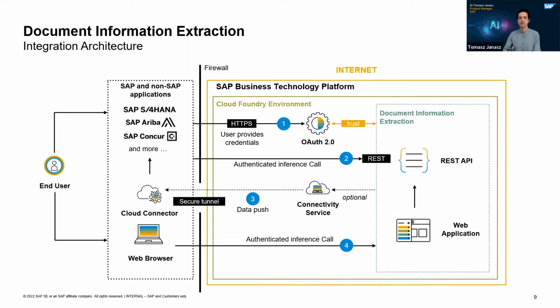The access to the service is secure through an HTTPS connection and an OAuth 2.0 authentication service. Optionally, you can also build secure connections with on-prem landscapes via the connectivity service and the cloud connector.